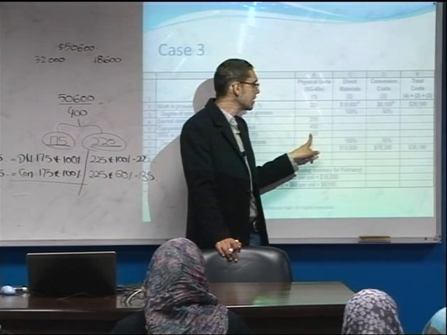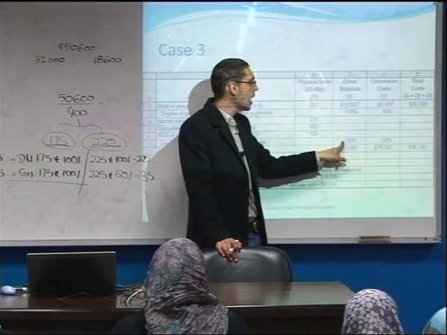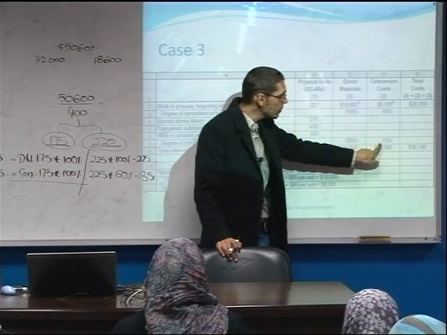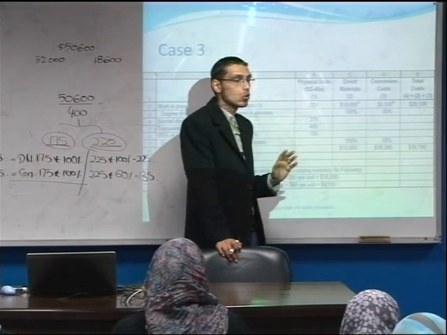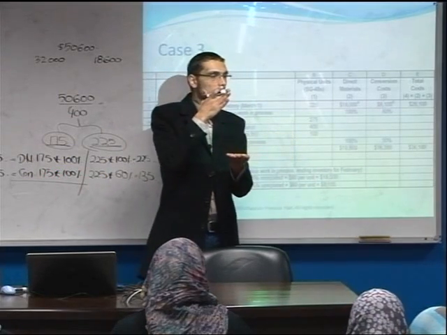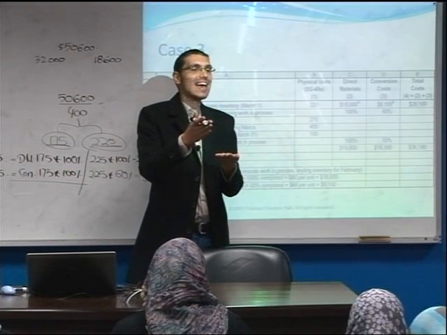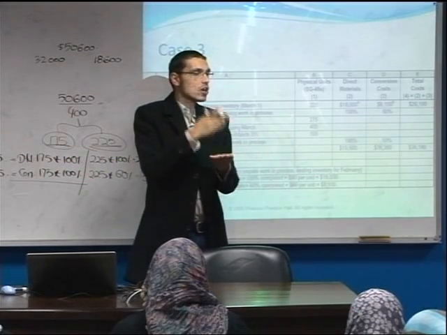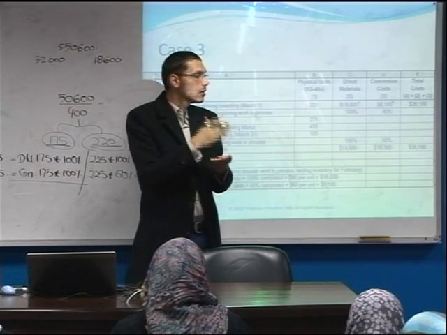Therefore, the 100 ending work in process had 100% of direct materials, while it had only 50% of conversion cost. That means that the 100 units ended at the end of March at a percentage of completion of 50%.